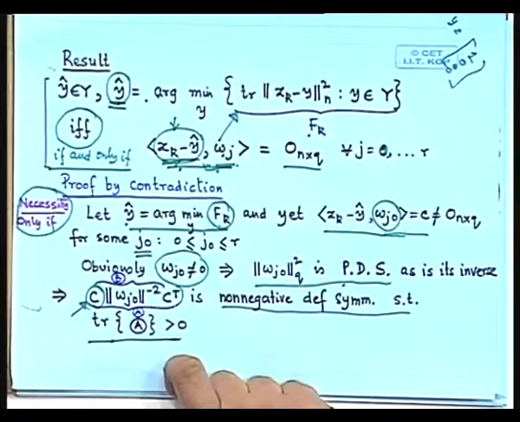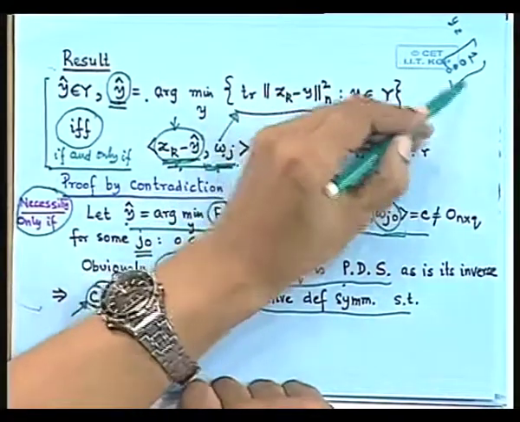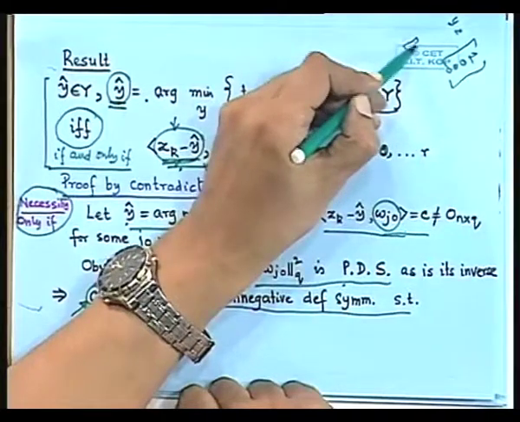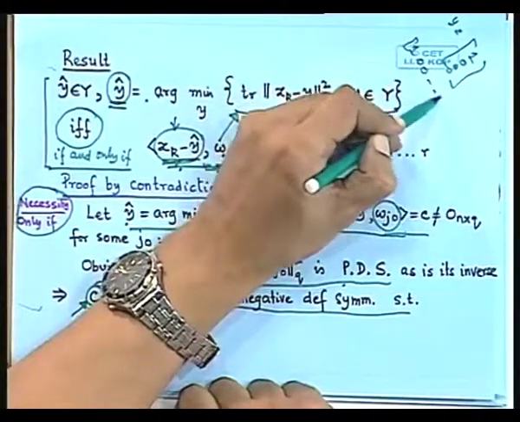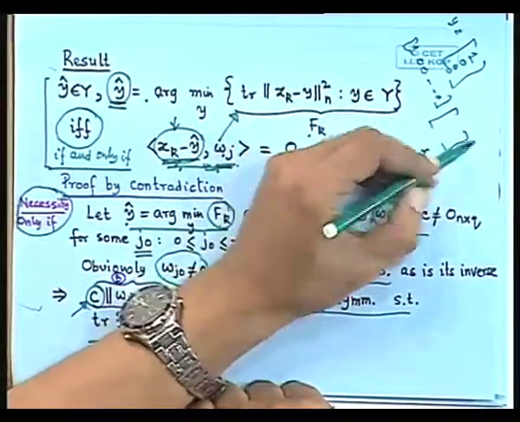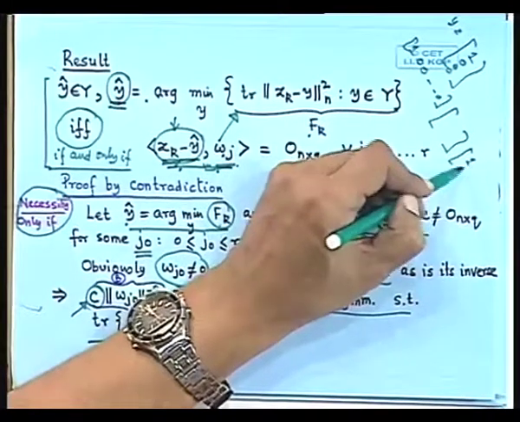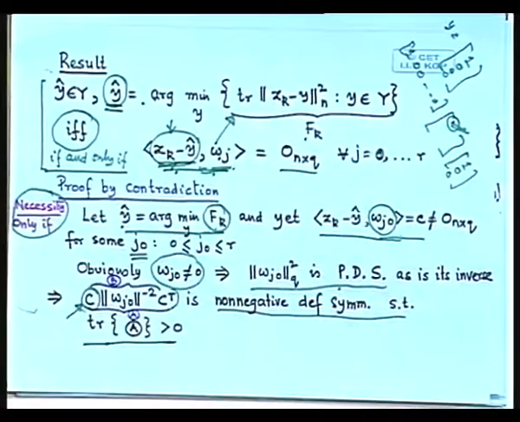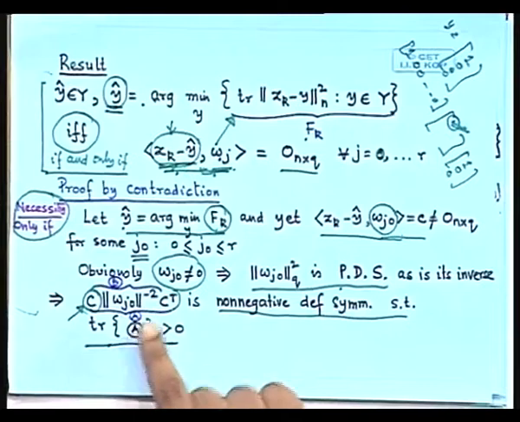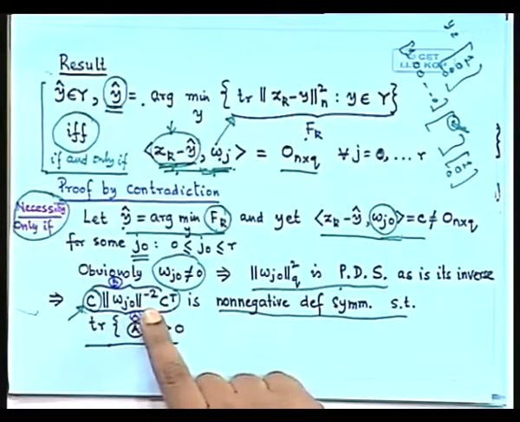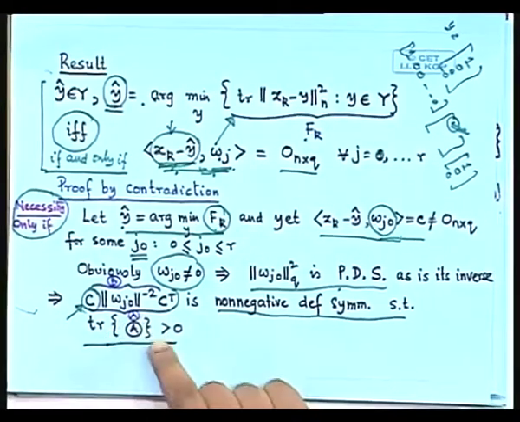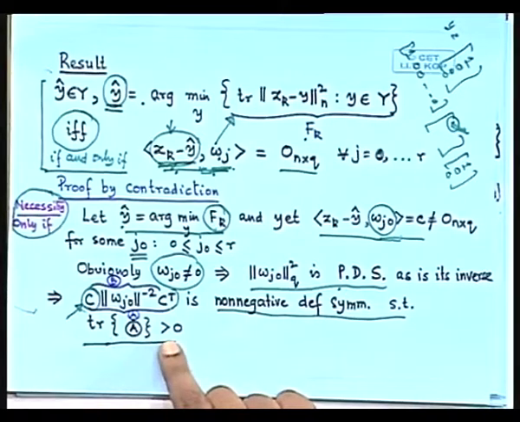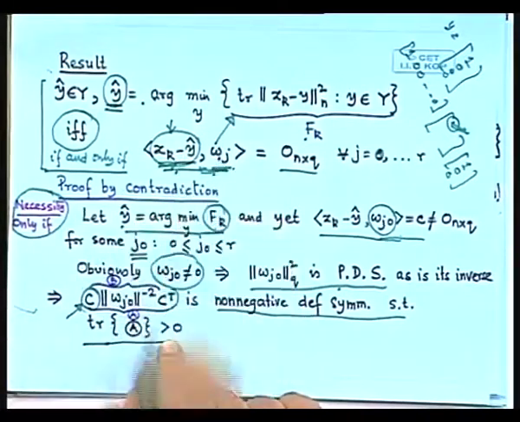If you multiply a matrix by 1 0 0 transpose on the left and 1 0 0 on the right, the first diagonal element gets picked up, correct? Each of these elements is positive. So if the trace is equal to 0, it means that each element is 0.